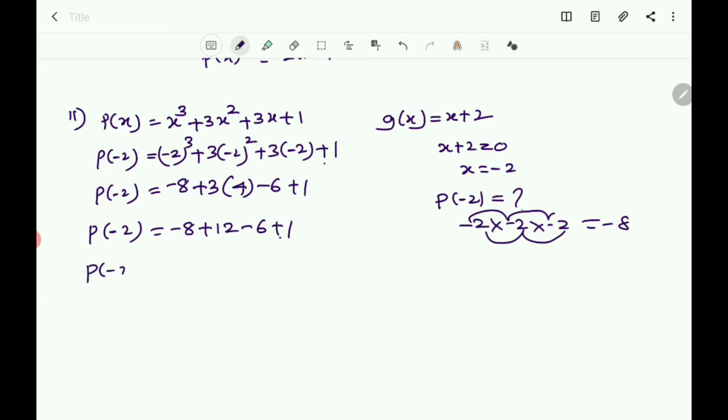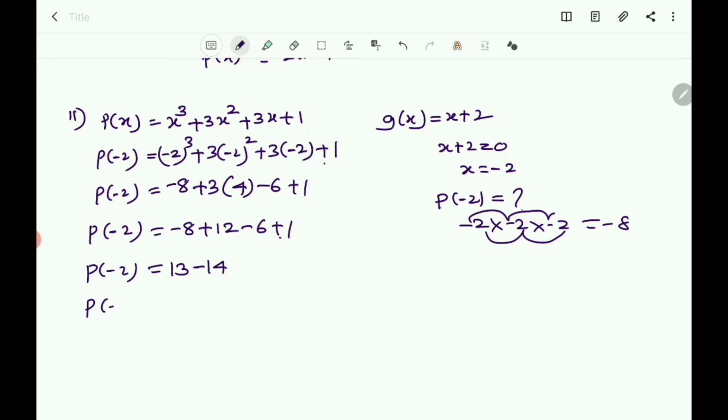Add these two positives, 12 plus 1 is 13, and minus 8 and minus 6. The sum of minus 8 and minus 6 is minus 14, as they have the same sign. So 8 plus 6 is 14 and the sign is minus.